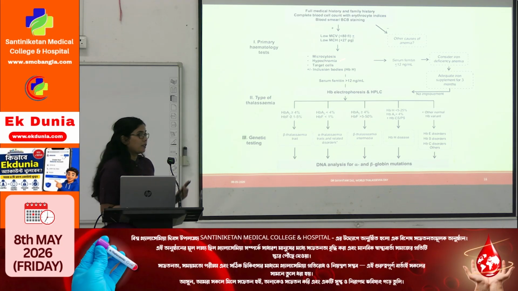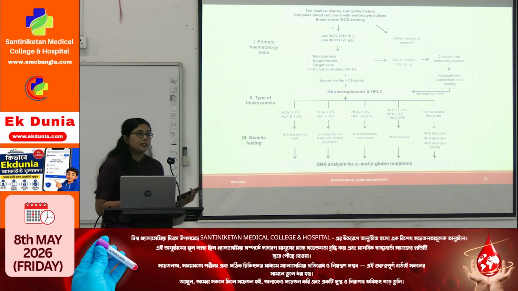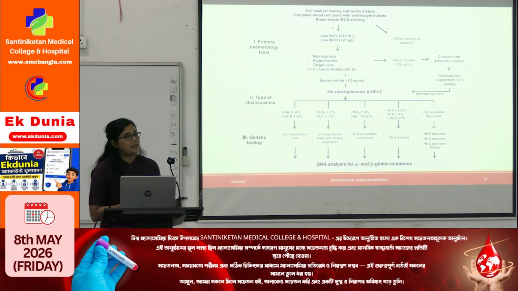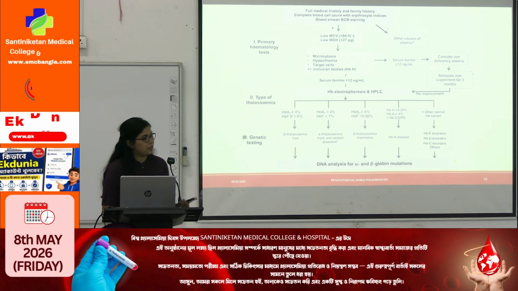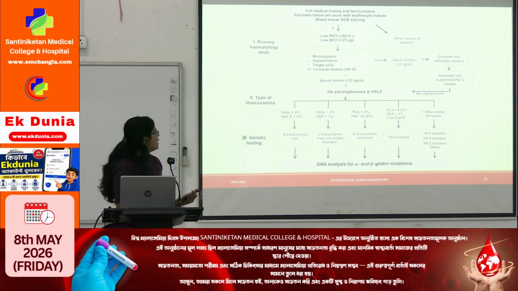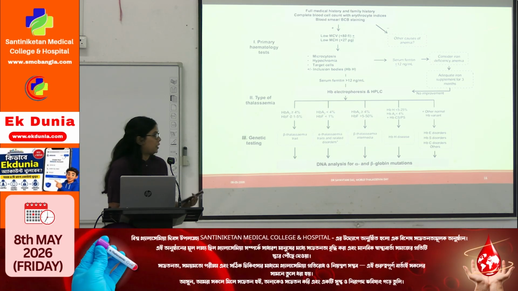If both are low, we have to look at the slide for the presence of microcytosis, hypochromia, target cells, and in certain cases like HbH disease, inclusion bodies, and we will look at the serum ferritin level. If it is more than 12 nanogram per ml, then we have to go for hemoglobin electrophoresis and HPLC. On the other hand, if these values are normal, not low, then we have to look for other causes of anemia.